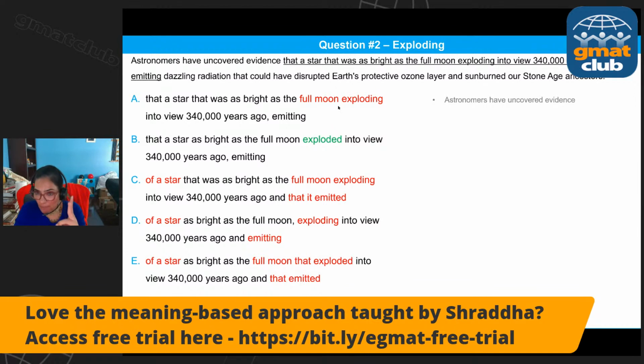The meaning error will be fixed because the sentence will no more say that full moon exploded. It will say that the star exploded, and then the comma plus verb ing modifier will have a proper action to modify, which will be exploded. So just changing this one word in my original sentence, I can make this sentence correct.